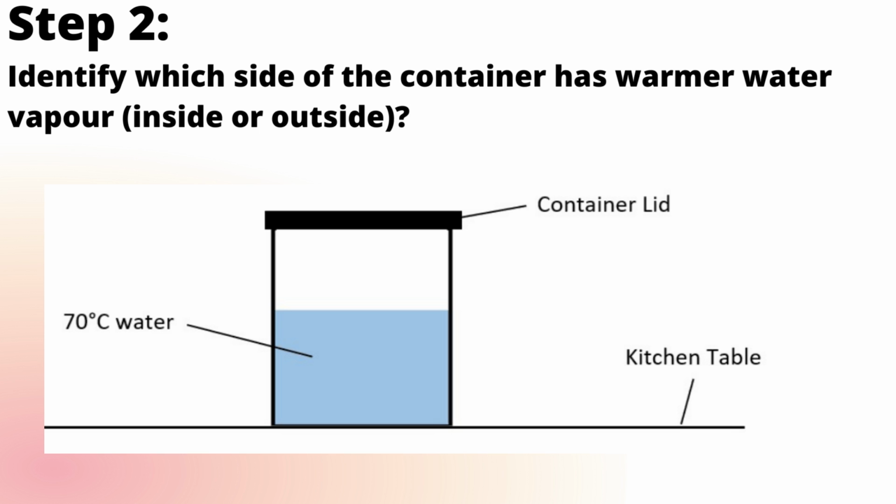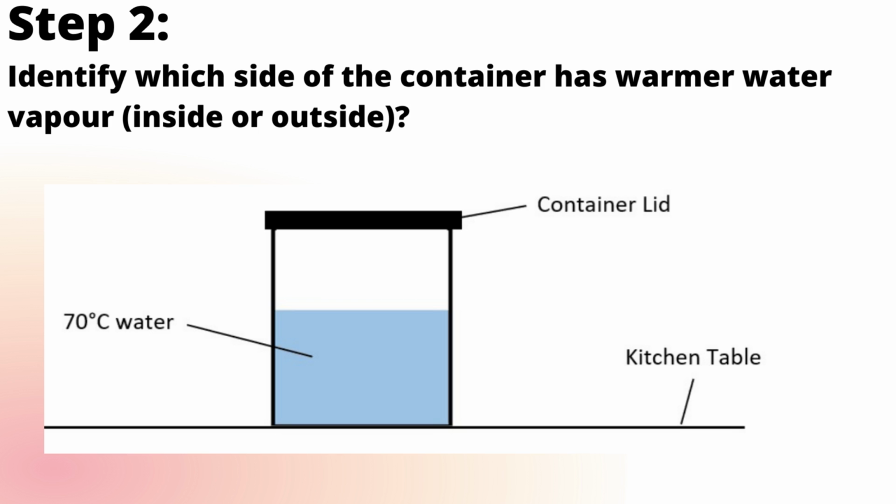Which side of the container has warmer water vapor, inside or outside? I think the answer is pretty obvious. Inside the container, the water is at 70 degrees Celsius, whereas outside, the surrounding is room temperature, which will certainly be lower than 70 degrees Celsius.